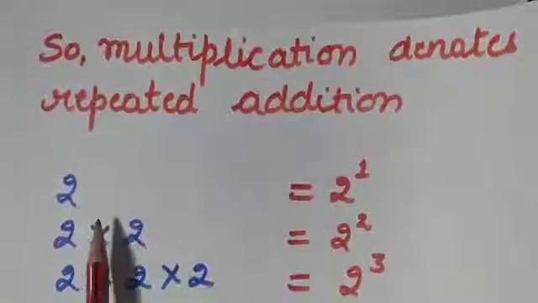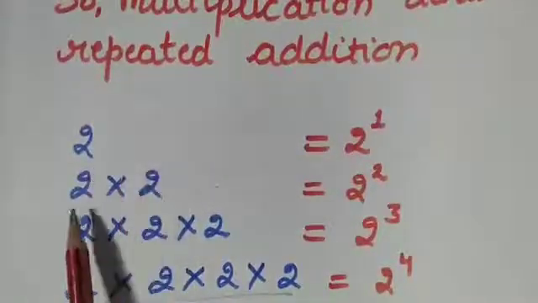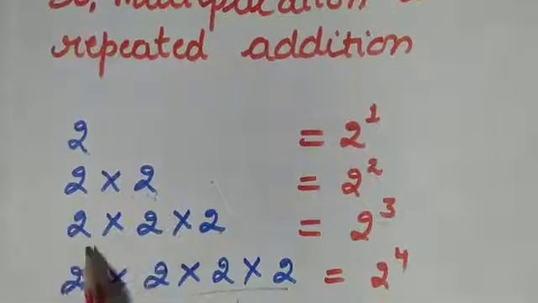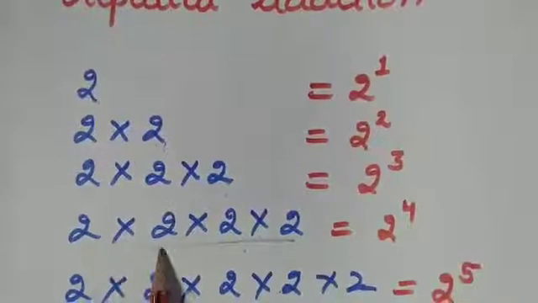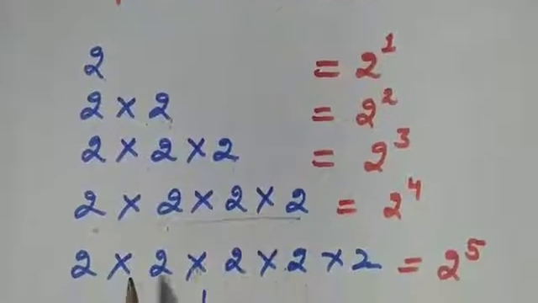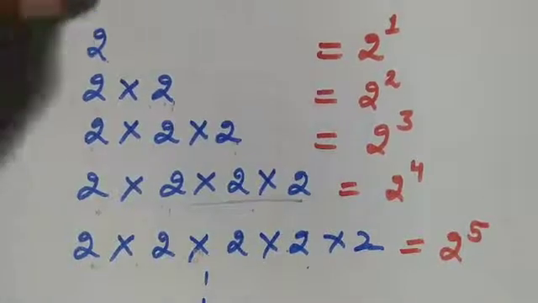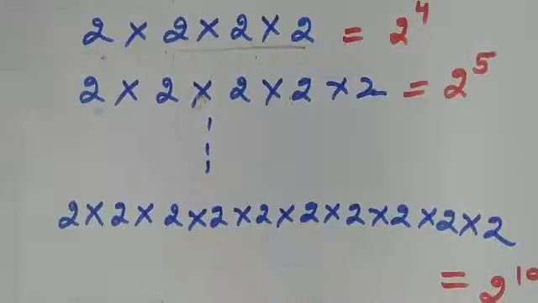This is 2. This is 2 multiplied twice. This is 2 multiplied 3 times. This is 2 multiplied 4 times. Then 2 multiplied 5 times, and similarly so on, 2 multiplied 10 times.